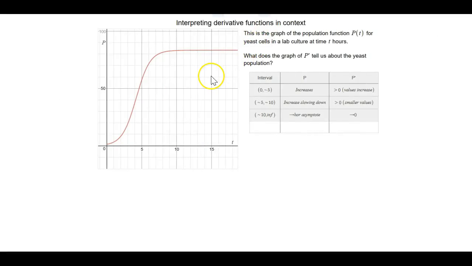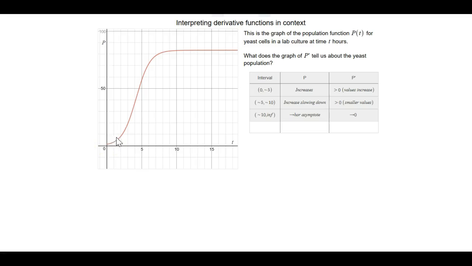You'll also be asked questions about interpreting the derivative function in context. So here's a graph of a population of yeast cells in a lab. The horizontal axis is time. P is the population, or the number of yeast cells. You started with about 5 or 6 yeast cells.